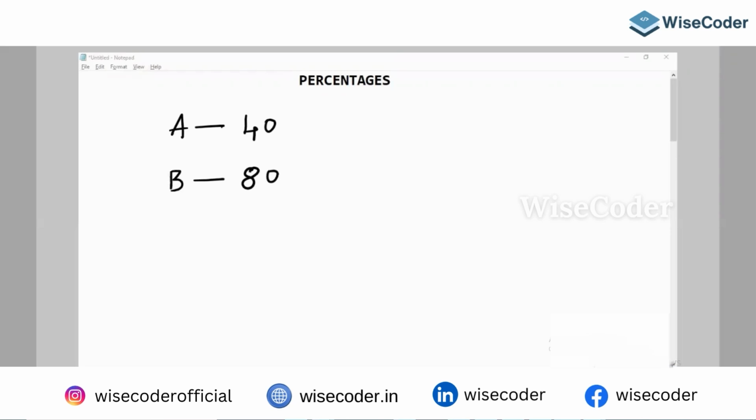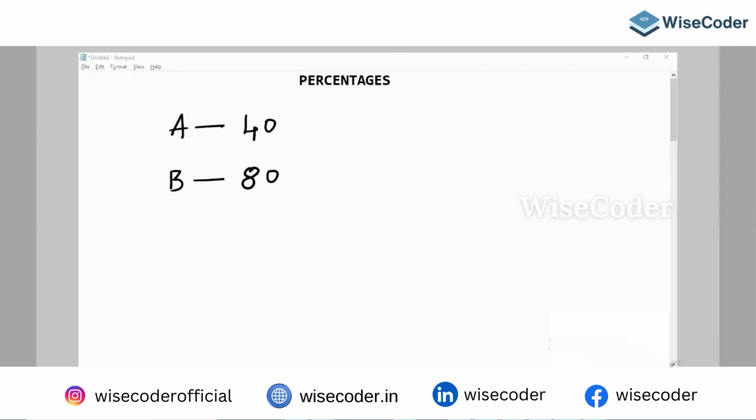Pause the video and check your answer. I hope you've done it. The point here is this: 90% of people choose B, but the answer to this question is that it cannot be determined.